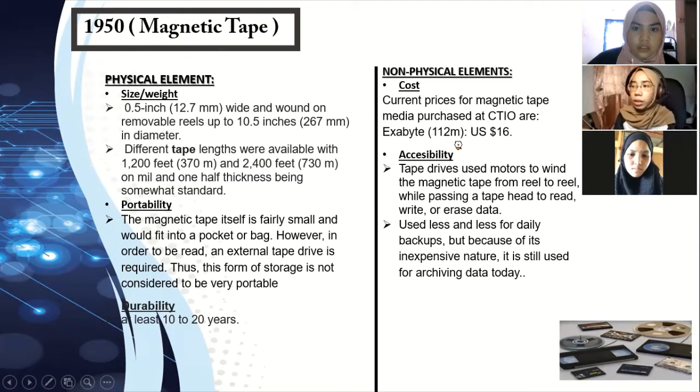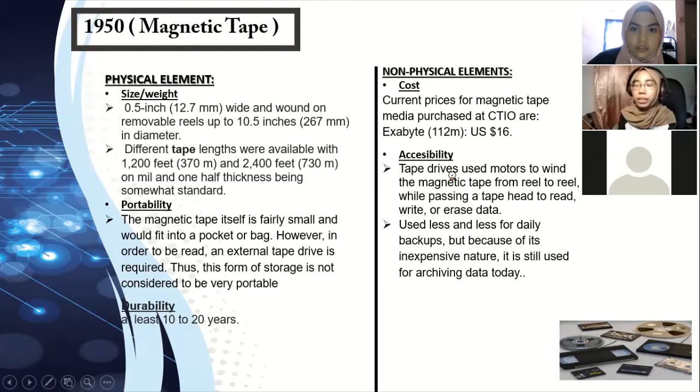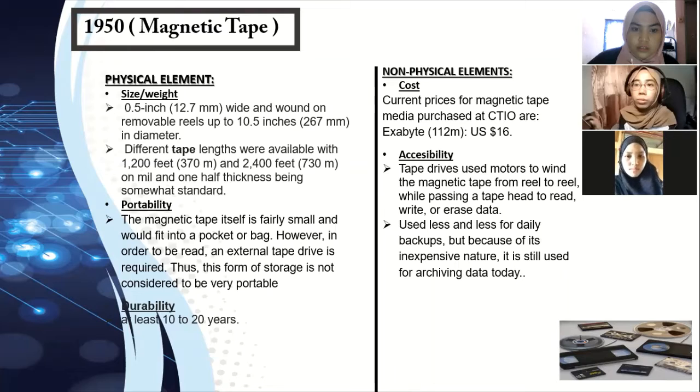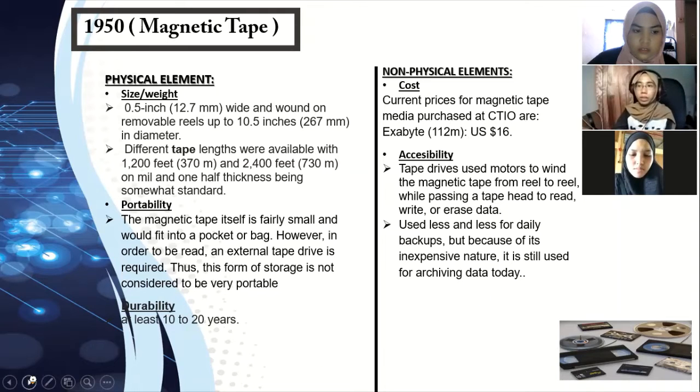Okay, so for accessibility, tape drives use motors to wind the magnetic tape from reel to reel, while passing a tape head to read, write and erase data. It is used less and less for daily backup, but because of its inexpensive nature, it is still used for retrieving data today. Okay, next.